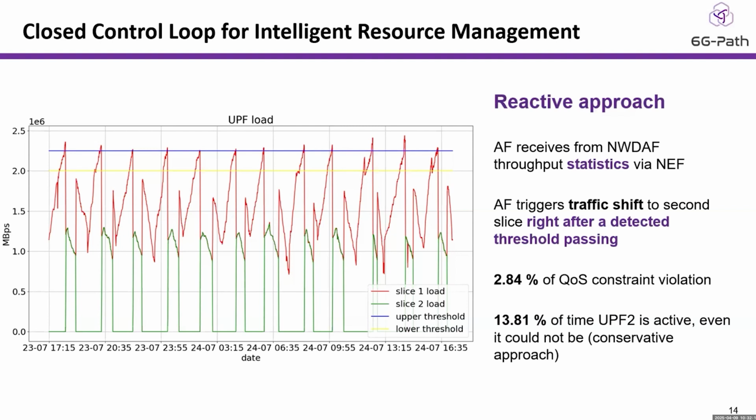Whether we can allow 2% of QoS constraint violation or not will depend on the application. We can pick between the two approaches. And then we can even tune the overconsumption of UPF2 by playing with the yellow threshold, which is, again, empirically designed, and does not match the blue one, just to avoid a little bit of ping pong effect when traffic is very close to the threshold and goes up and down around it for some time.